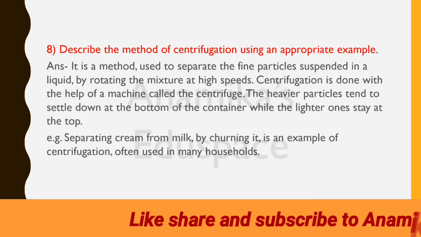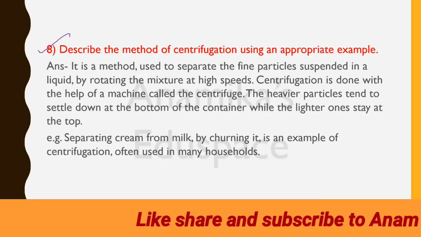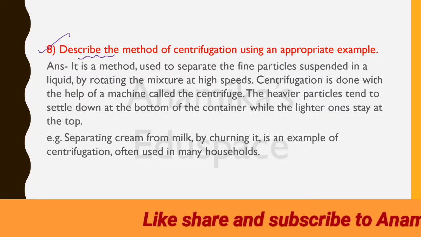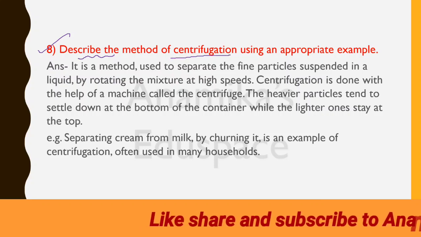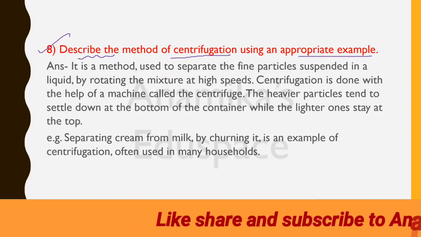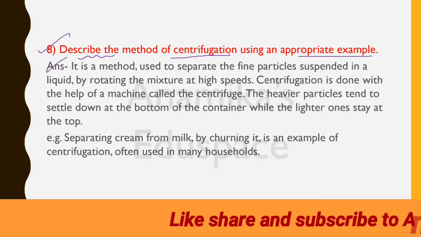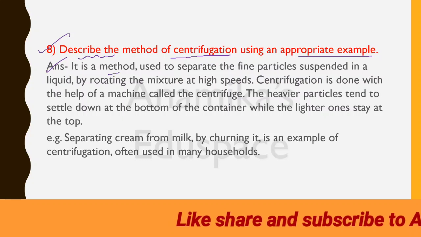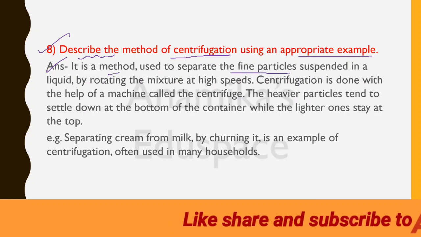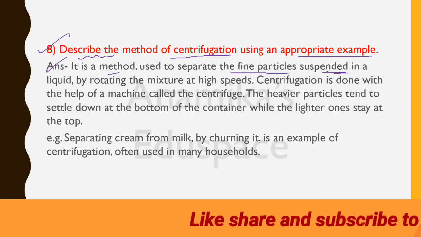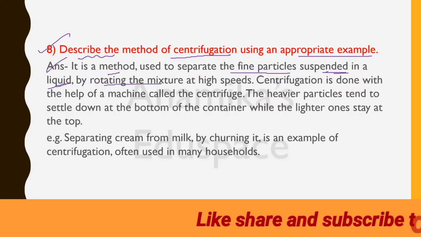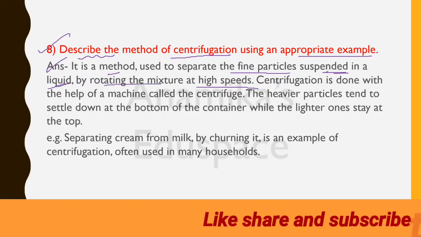Clear, students? Question number 8 goes as, describe the method of centrifugation using an appropriate example. Okay, let me answer. It is a method which is used to separate the fine particles suspended in a liquid by rotating the mixture at high speeds.